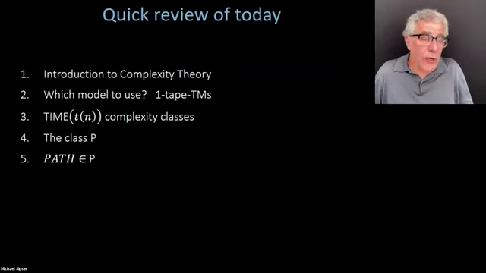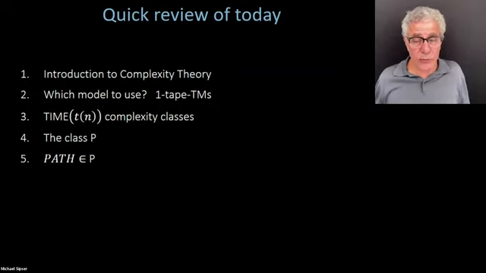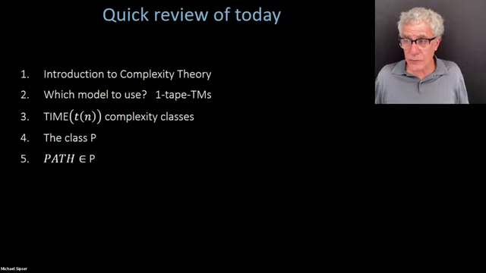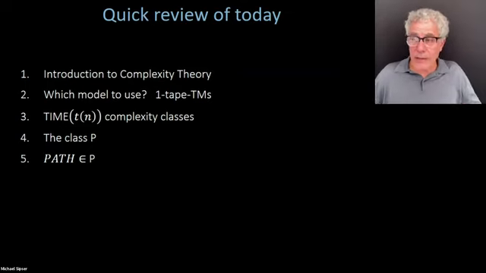Yeah, so we will talk about Oracle Turing machines later on in the term. These are machines that have access to free information, and there are some interesting things you can say about what happens when you provide a machine with information for free, which you might otherwise want to charge it for actually computing.